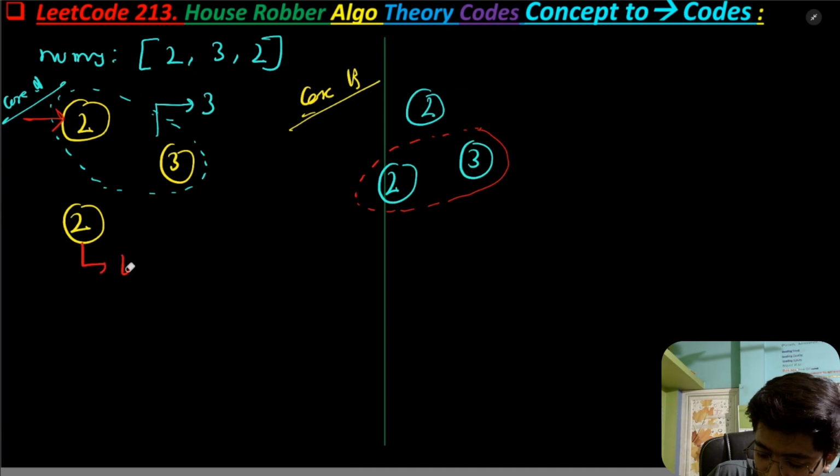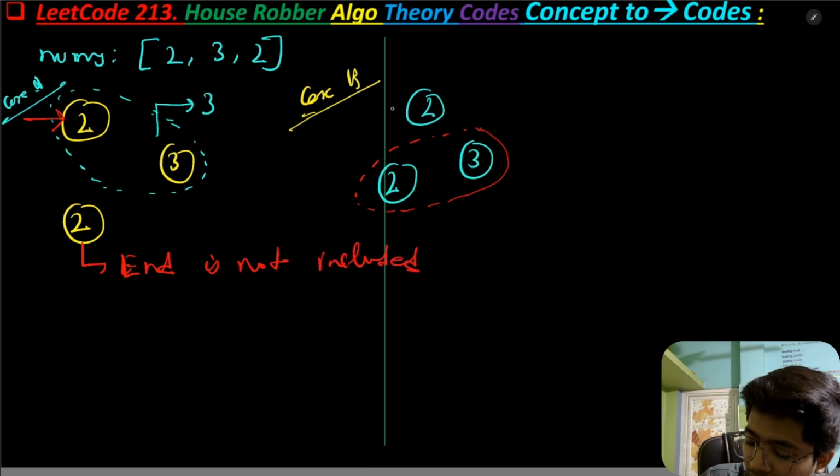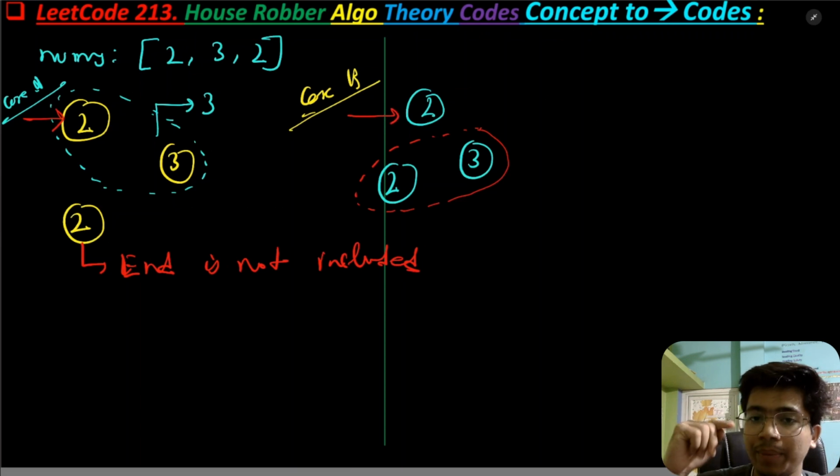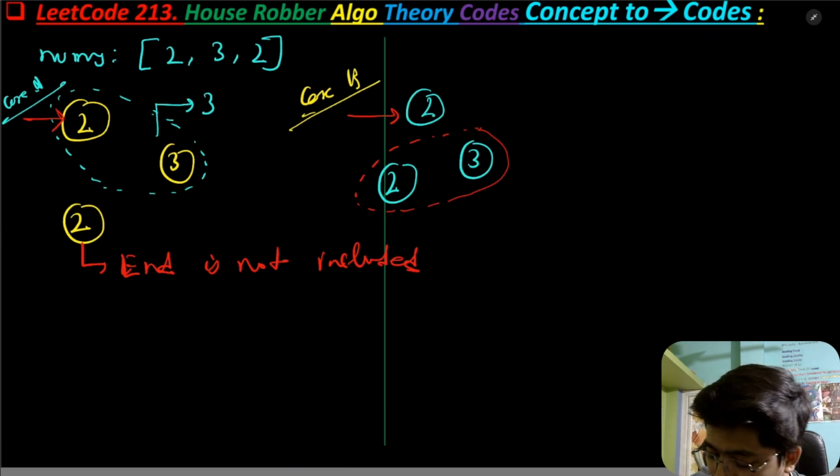In the first section we haven't included the end, and here, in the second, we haven't included the beginning. So one time we didn't include the ending one, and one time we didn't include the starting one. That is what we'll be applying here.